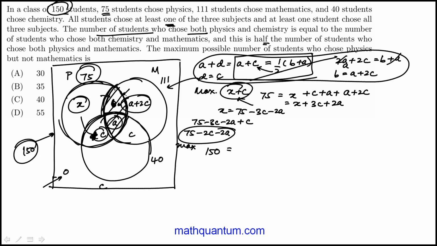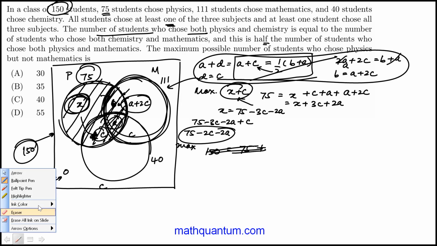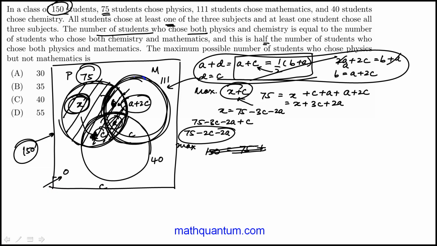And there are different ways to do this. You could say this whole circle is 75. So 150 must equal 75 plus, actually, it's easier because I already have X. I want to use that one. So what I'll do is instead use that entire circle. I think it's getting messy. Let me change the color here. So I'm going to call that entire circle 111.